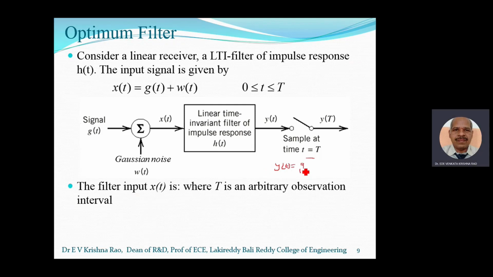The output signal we term g naught of t, and the output noise we term n of t.